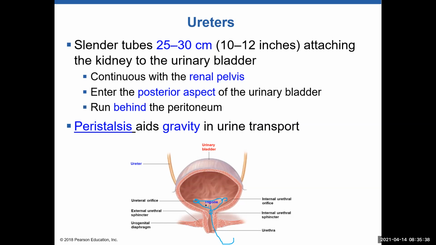How does urine move from the ureter into the bladder? It's simply gravity. Gravity plays a very important role in pulling the urine towards the bladder. And of course, I told you in the last chapter that peristalsis not only takes place in the GI tract, it also takes place in the urinary system as well as the reproductive system.